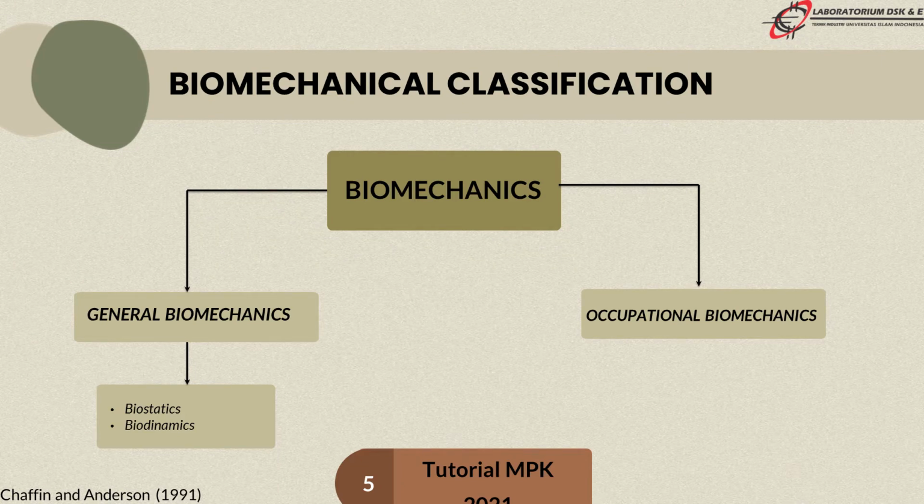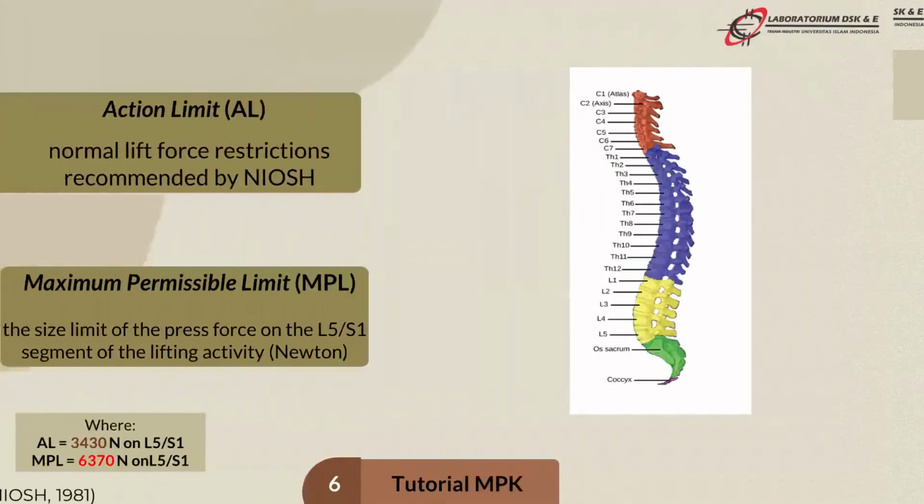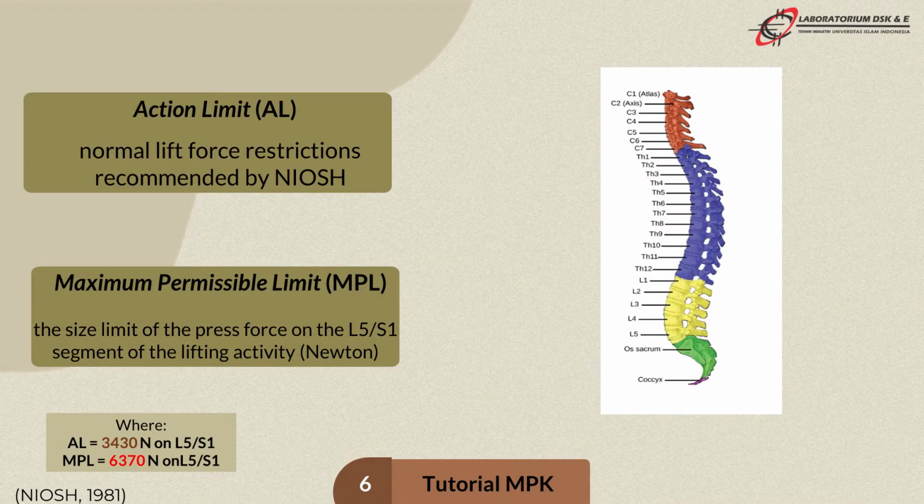After we know the classification of biomechanics, the other important thing that we have to know is mechanical analysis of action limit and maximum permissible limit. Action limit or EL is a limit for normal lifting force recommended by NIOSH. The limit for normal force is 3,500 Newton.